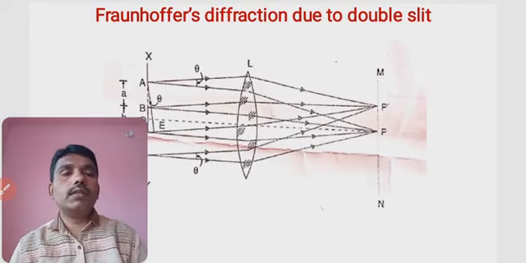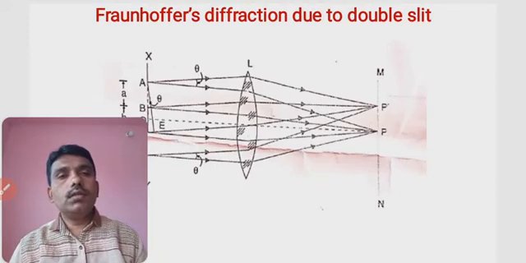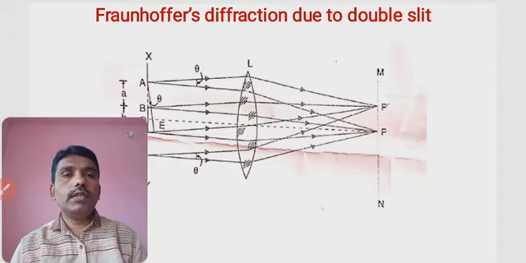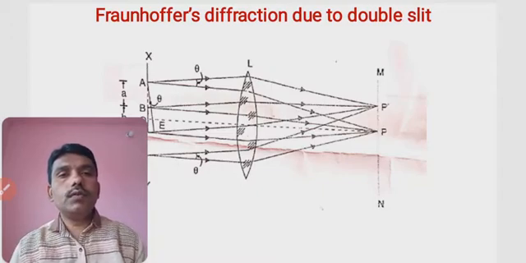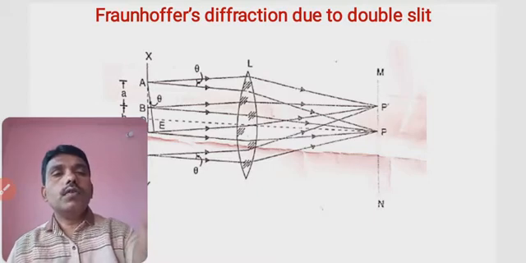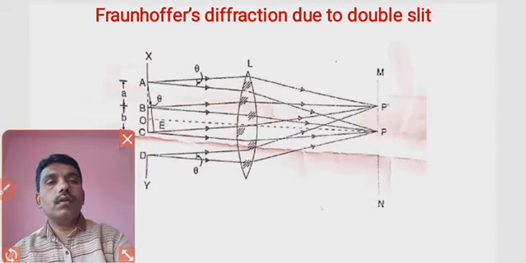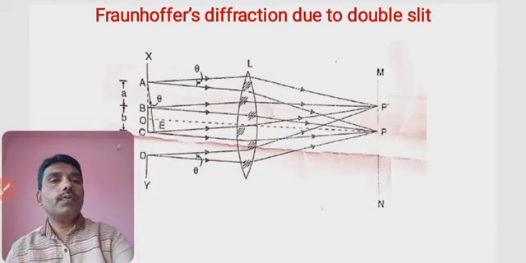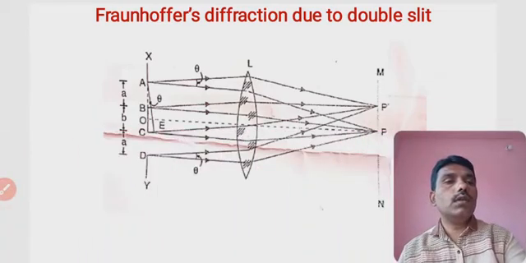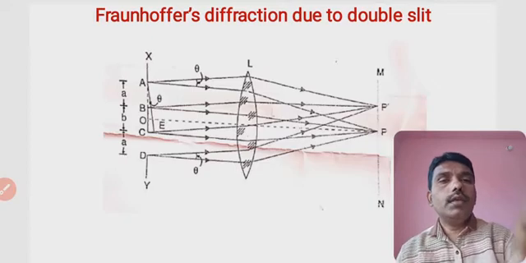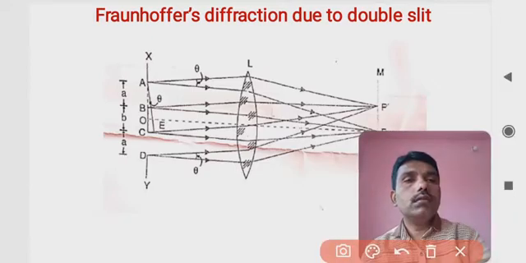Both things are there, but the diffraction overtakes the interference, and we have this diffraction pattern due to double slit. So if you look at this schematic diagram of diffraction due to double slit, here are the two slits, AB and CD.